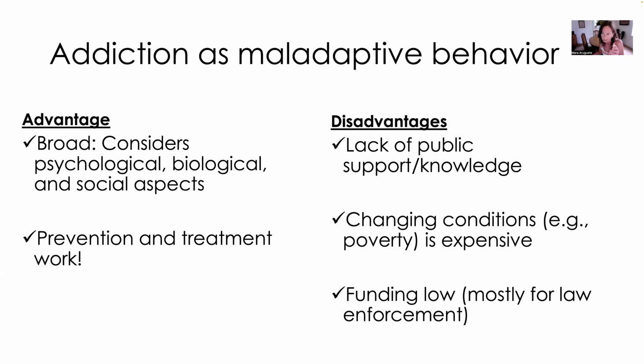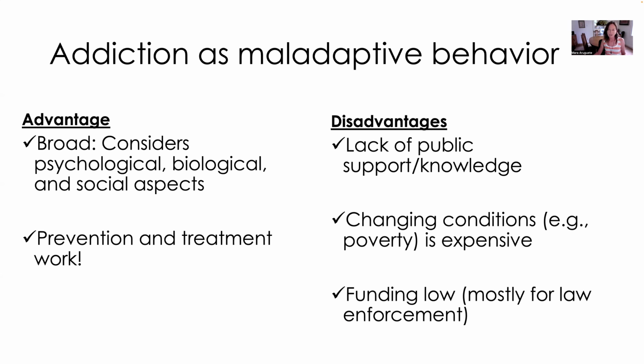And I know you're all thinking about DARE, but DARE wasn't really successful, and we'll talk about that in this class. But there are interventions that have been successful, and they do work to prevent people from becoming addicted to alcohol and drugs. Treatment also works. So we can modify these habits. And so that's great.